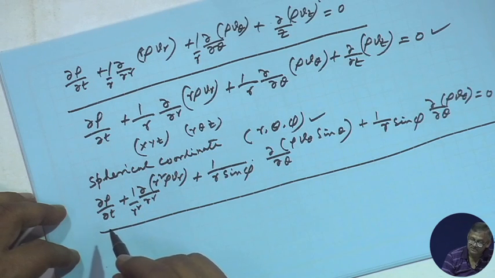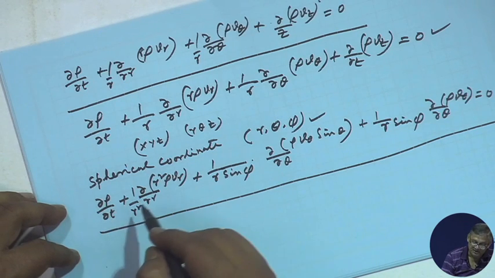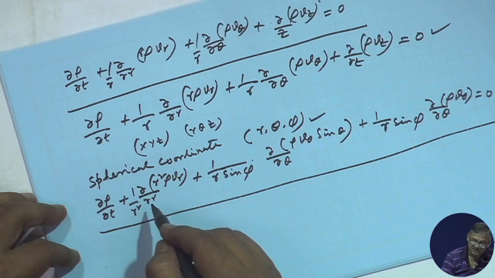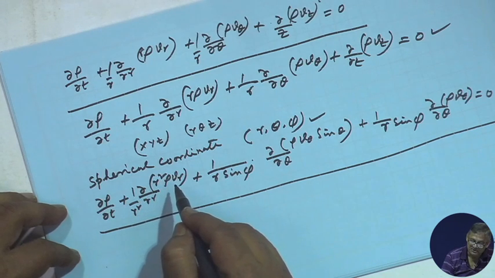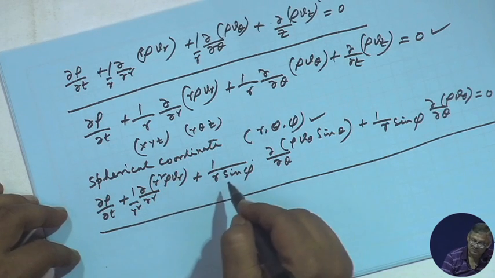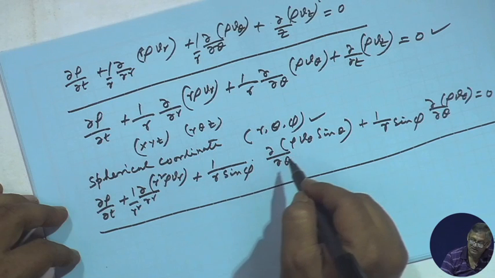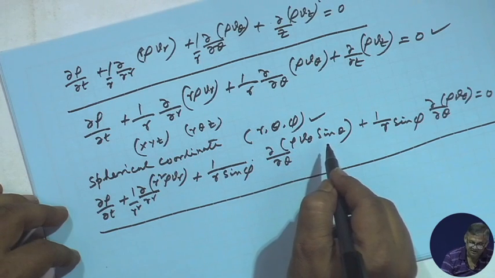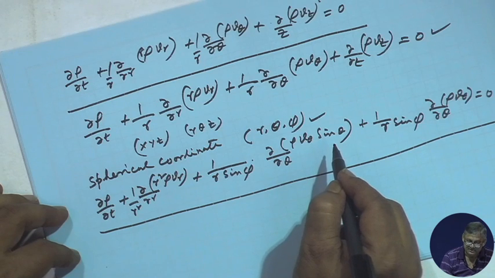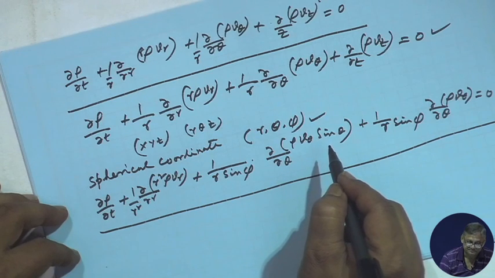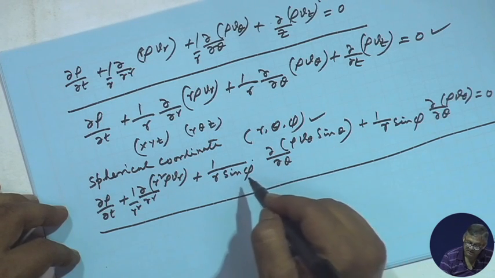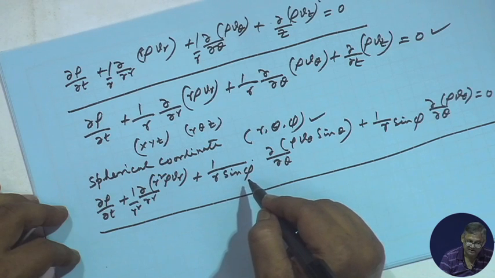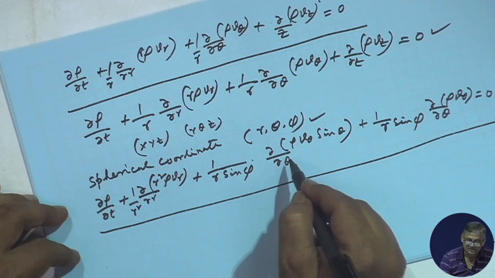The final equation is del rho del t plus 1 by r square del r of r square rho v r plus 1 by r sin phi del theta of rho v theta sin theta, right.